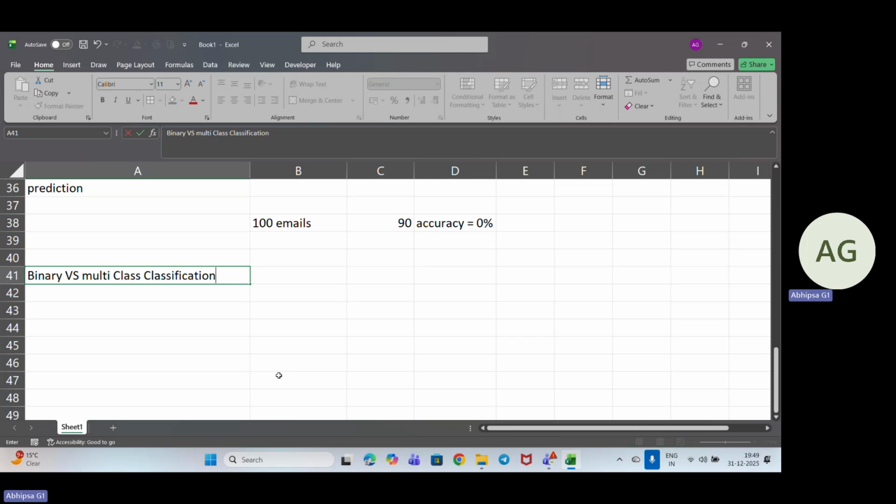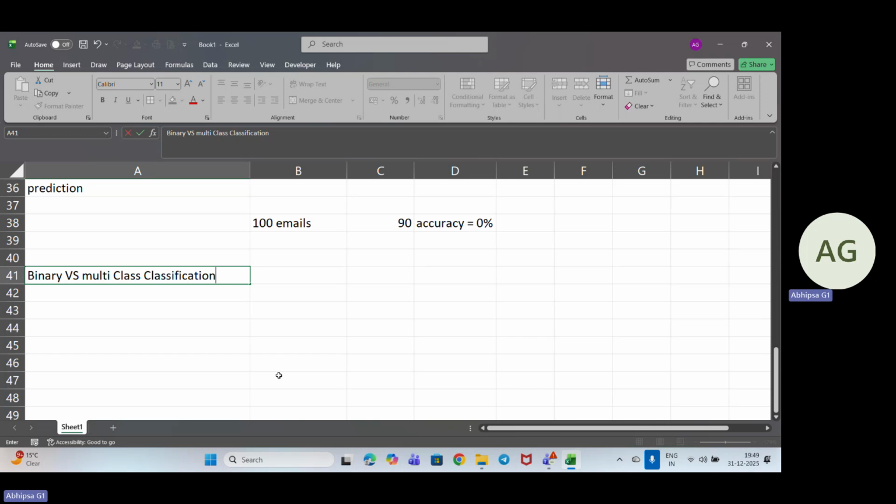Okay. Now, the most important thing to remember in binary classification is that only two groups are there, and the decision making is quite easy, but mostly we get yes or no type of problems. So we need to understand it, and based on that, we need to tackle it.